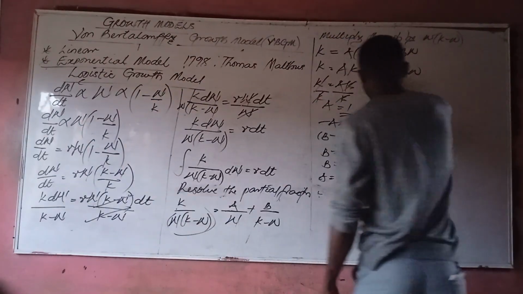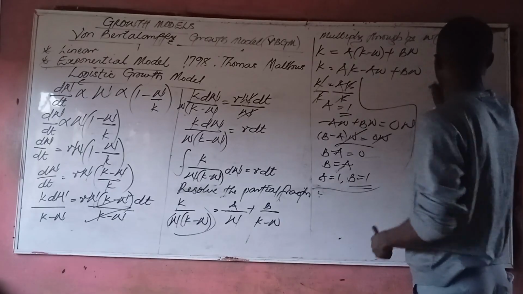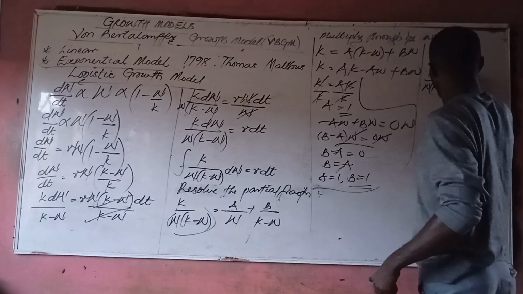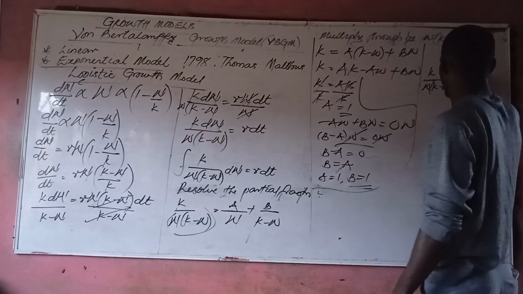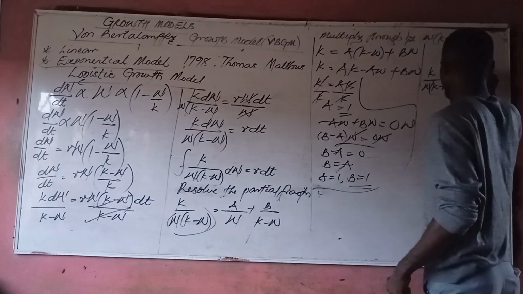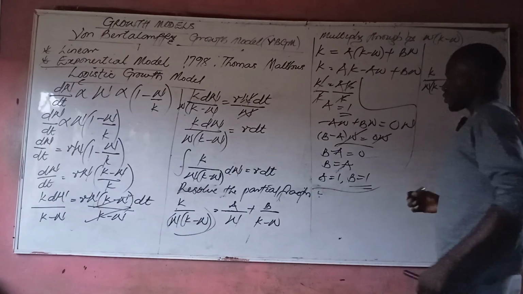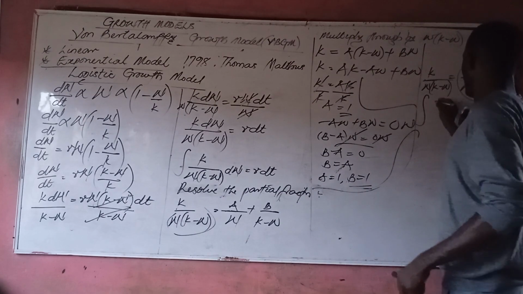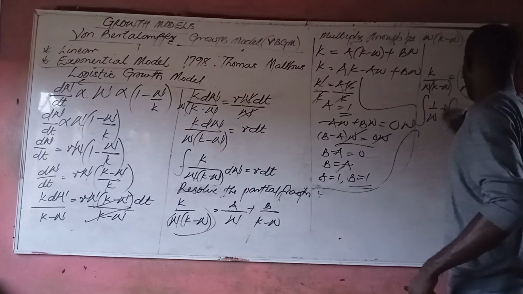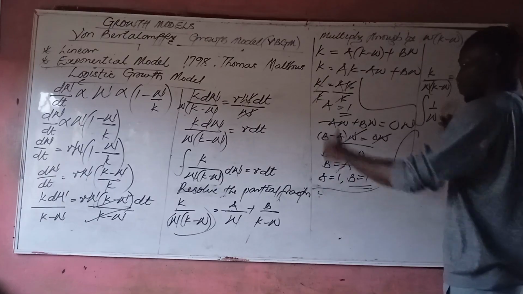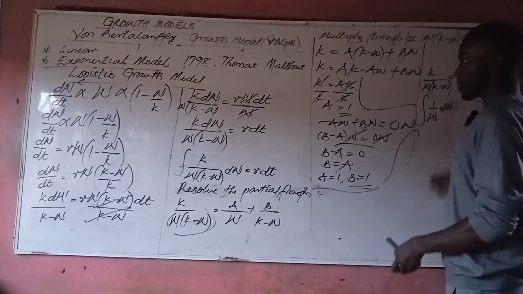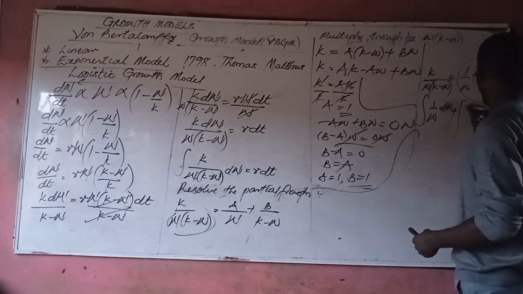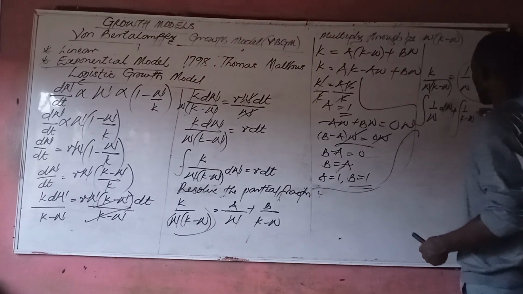So if that's the case, our partial fraction has been resolved to K over W into bracket K minus W equal to, A is now 1 over W plus B is now 1 over K minus W. Alright, so we input this into our integrand again, so that it becomes the integral of 1 over W dW plus the integral of 1 over K minus W dW.